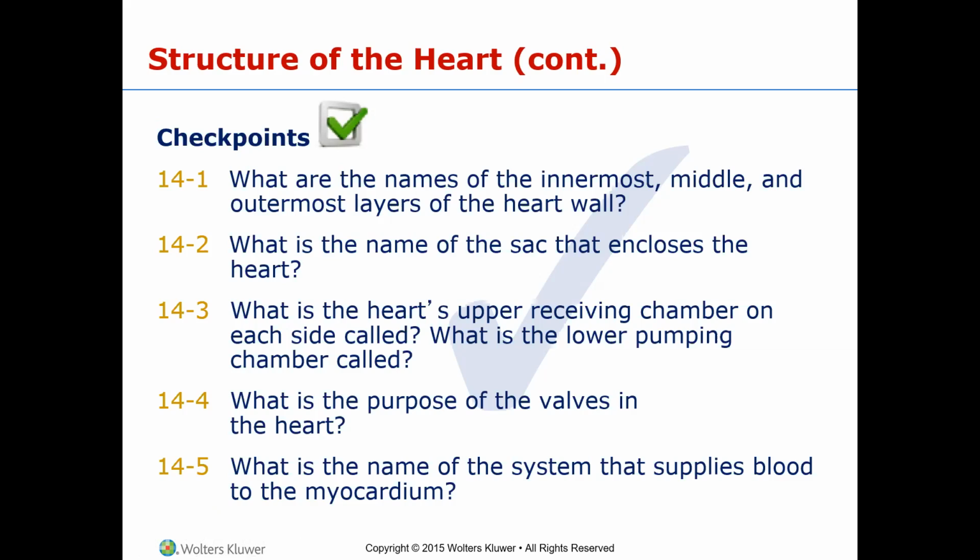Then the upper receiving chambers on each side of the heart, and the lower chambers. The upper ones are the atria. The lower pumping chambers are the ventricles, and the purpose of the valves is to regulate the flow of blood through the heart.